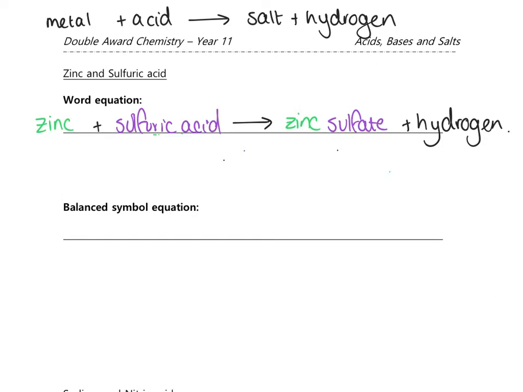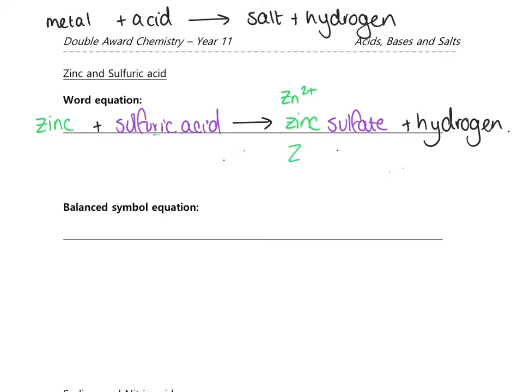The only thing we need to be careful with here is our formula of zinc sulfate, and how we get that is on the back of the periodic table. Zinc is a transition metal, so it doesn't have a valency from its group number, because it doesn't have a group number. If you look at the back of the periodic table, it appears as Zn2+, and that's when it's an ion, when it's part of a formula.